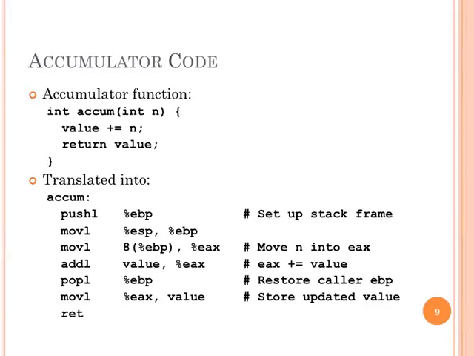The only little nuance here is that if a human being was writing this, you'd probably put the pop EBP right next to the ret. Okay? And the only reason that the compiler might do it differently is just because of its internal model of what the processor's capabilities are and how it might be able to pipeline these instructions and execute them a little faster.